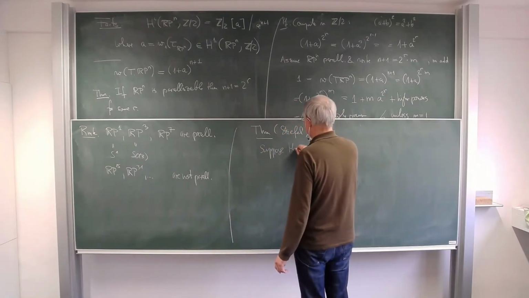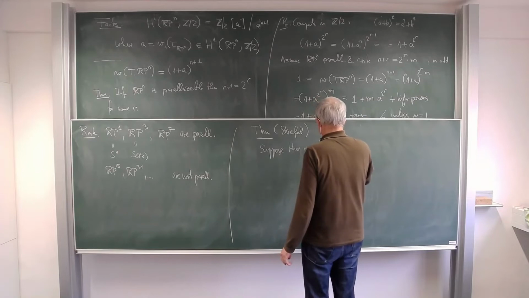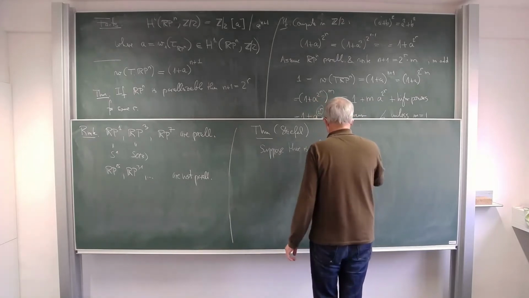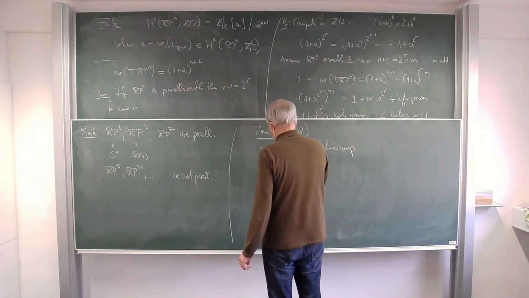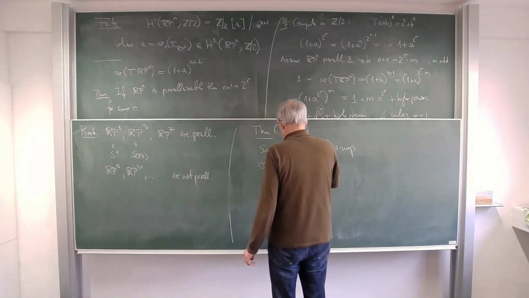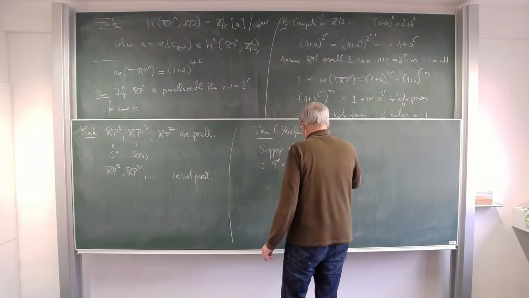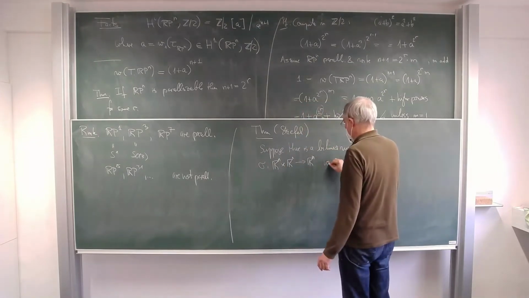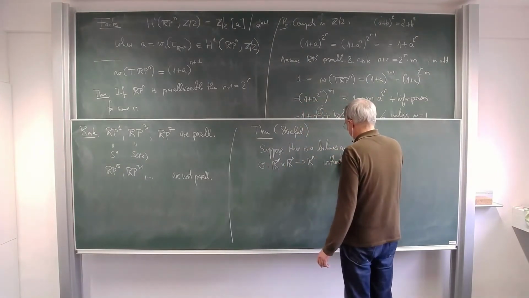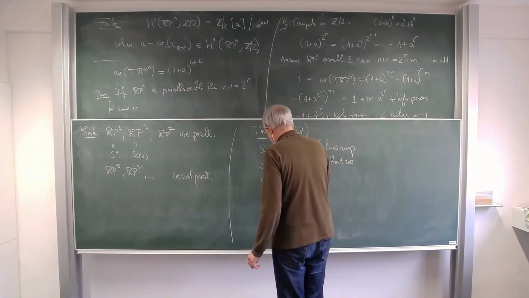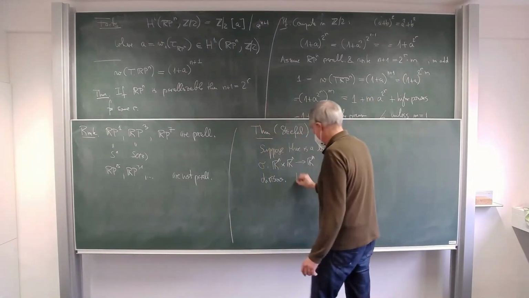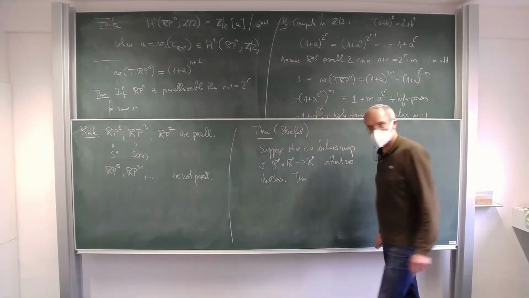there is a linear map, let me call it sigma, from Rn plus Rn to Rn, without zero divisors. Then n must be a power of 2.